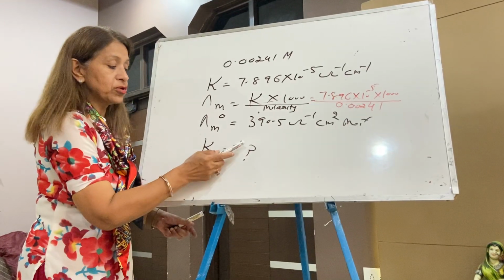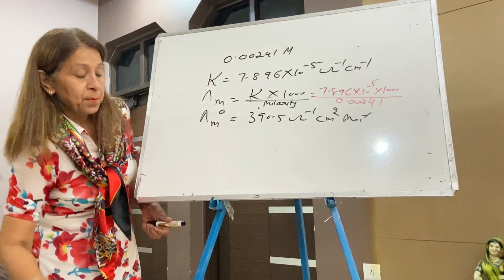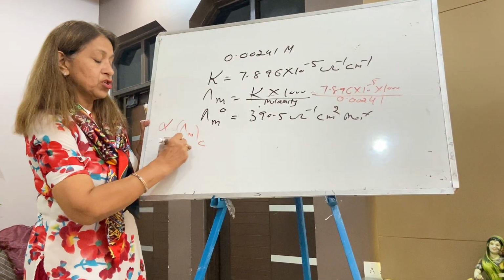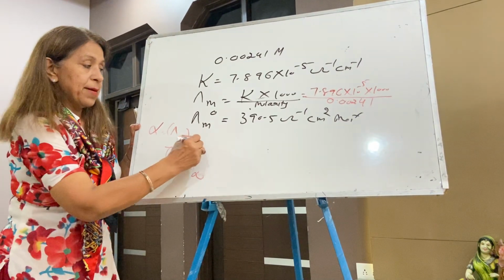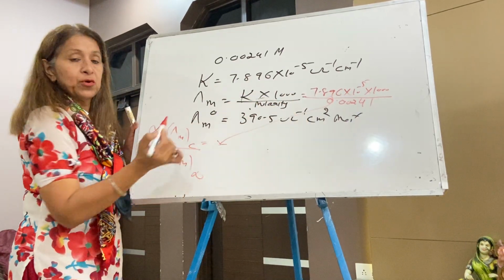Now, lambda m naught is given. Calculate alpha first. The formula is alpha is equal to lambda m at a particular concentration by lambda m at infinite dilution. Lambda m at a particular concentration is this, you can put it here.